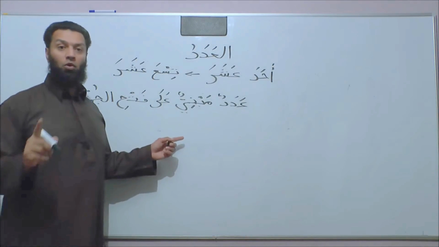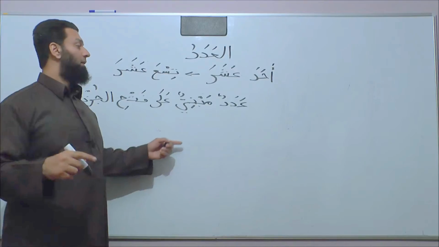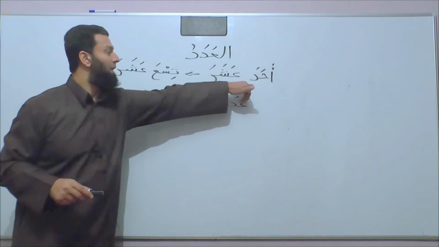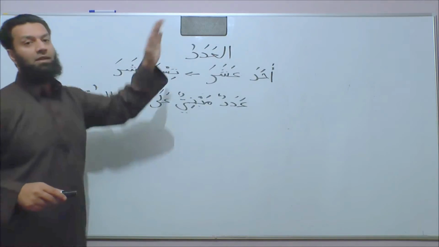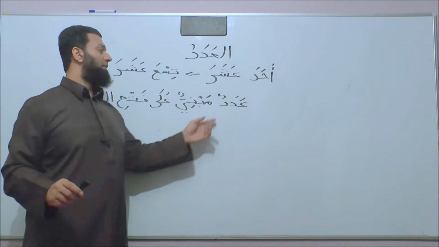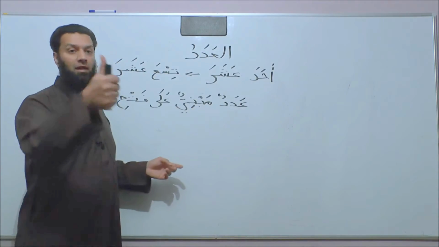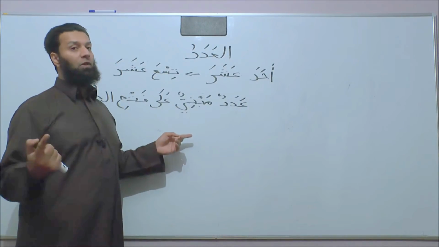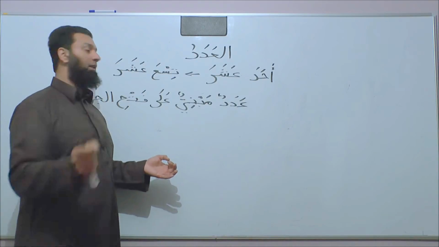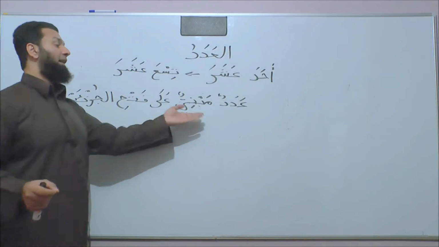This is the grammatical explanation of these two sets of asmani nouns, and that is that they are adadun, a number, mabniyun, fixed, meaning it doesn't alter, the ending doesn't change. Fixed upon what?